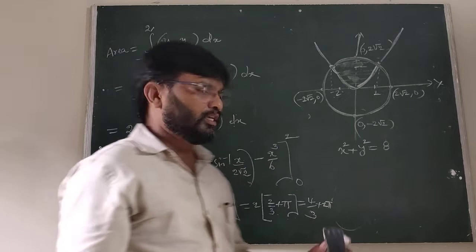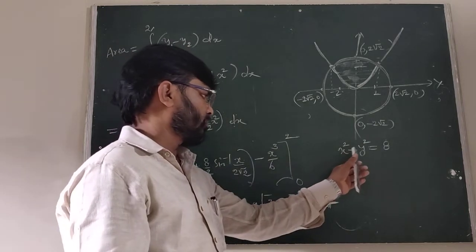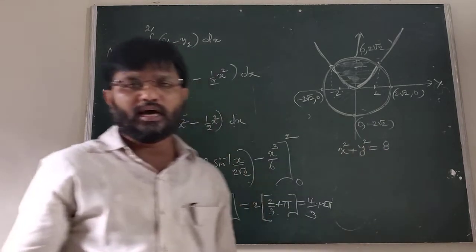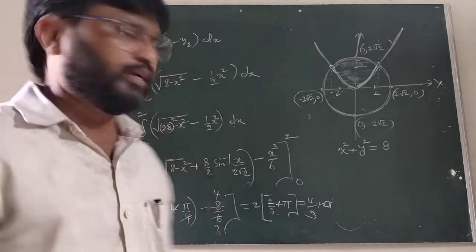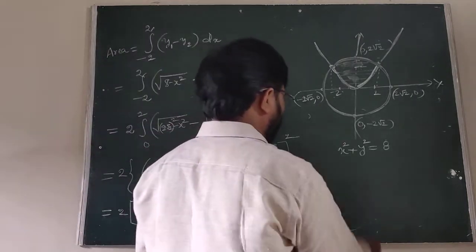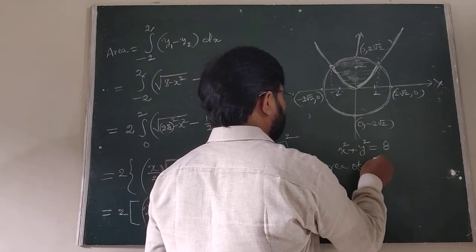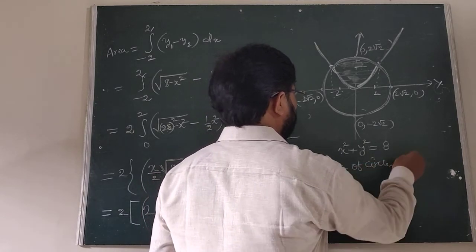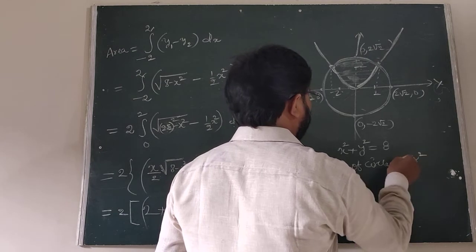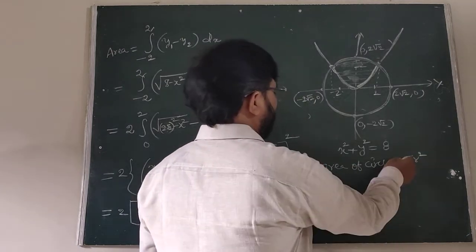We compare this with x square plus y square equal to r square. The area of the circle, everybody knows, is pi r square.